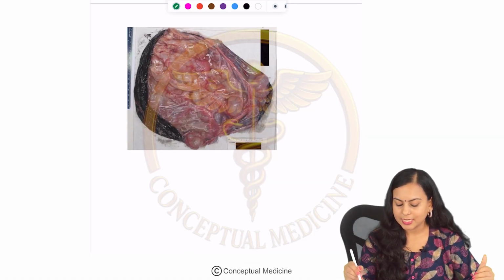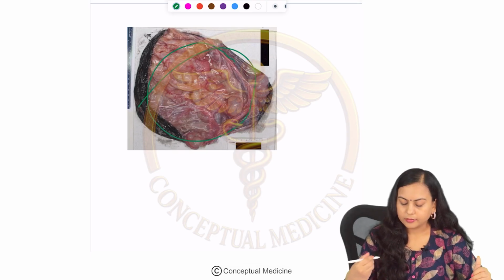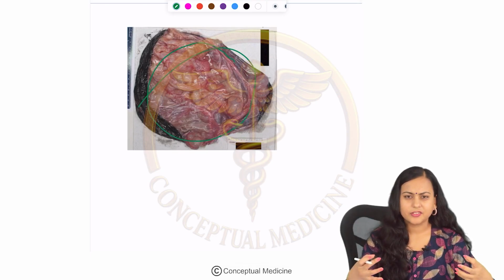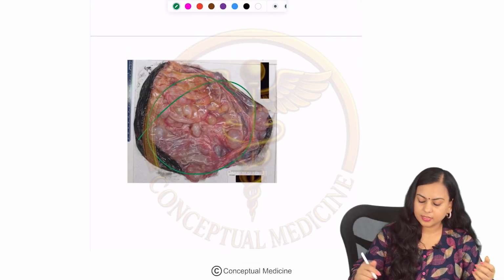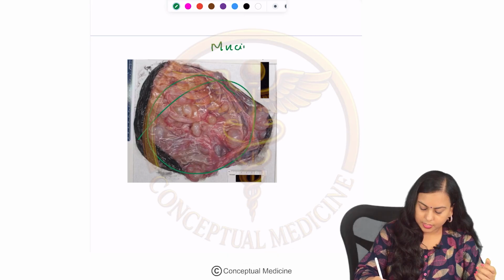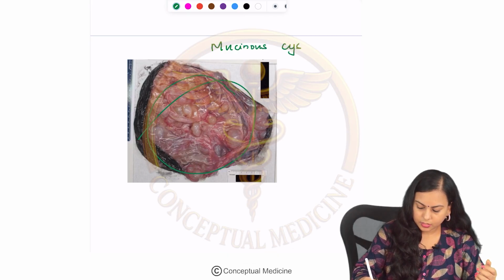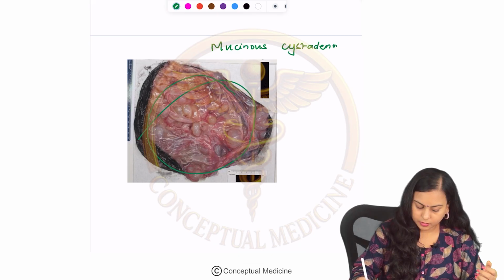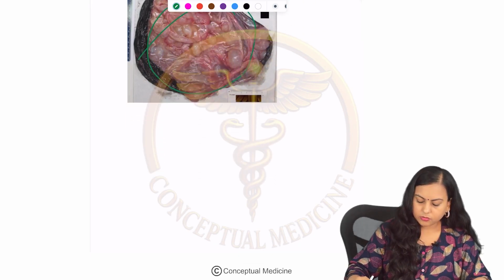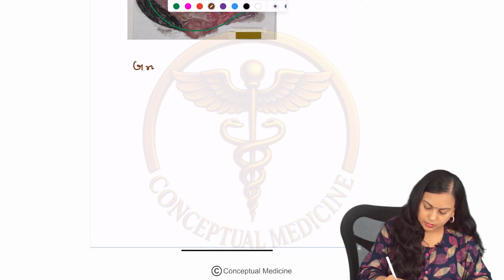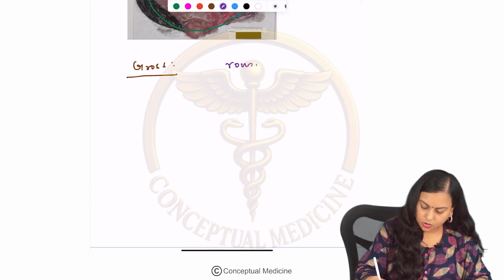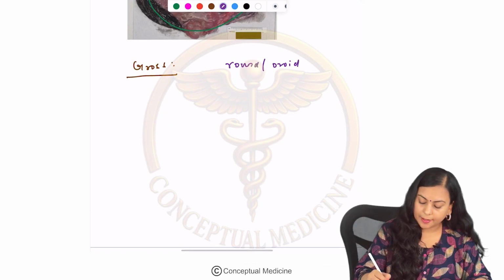Now, this is a cut section picture. You are able to see somewhat oily, shiny content. It is a mucinous content, right? So what is this? This is a mucinous cystadenoma, right? Yes. So mucinous cystadenoma on gross picture will be either round or ovoid in shape. They are surrounded by smooth capsules as well.